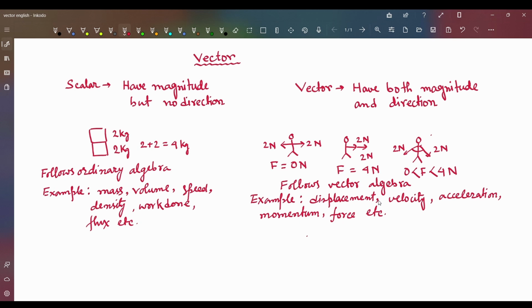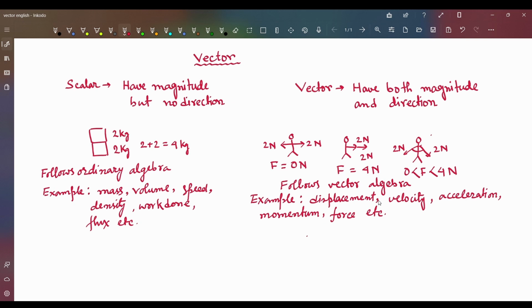There are some physical quantities like time, current, surface tension, which have directions but are not considered vector quantities because they follow ordinary algebra. We know that time is always forward, current flows from high potential to low potential, and surface tension is a tangential force acting over the surface of a liquid.